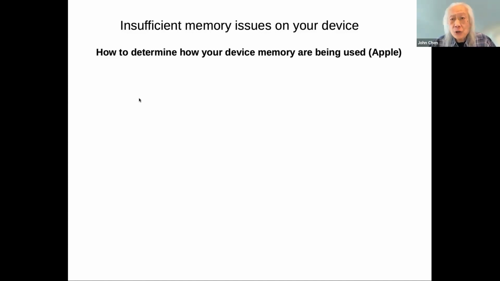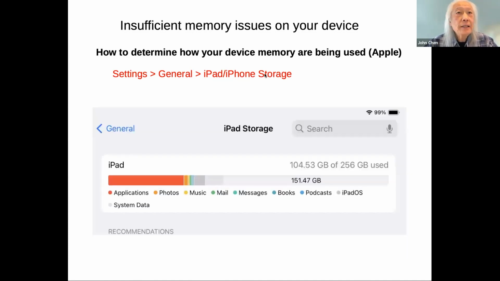But the features are there. So on your phone, you can go into your settings and then General. Then if you're using an iPad, you'll say iPad Storage. If you're using a phone, you'll say iPhone Storage. When you tap that, this is what you will see.